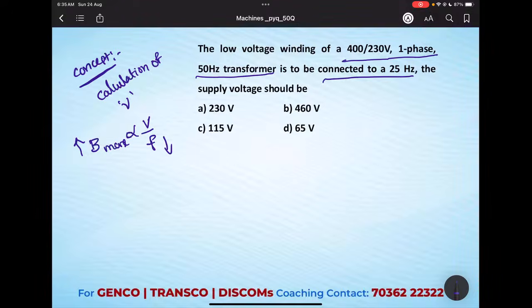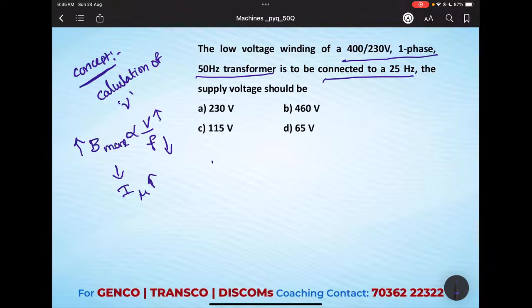So to provide that, what is going to happen? It will draw more current. Magnetizing current will be very high, and sometimes it may damage the transformer. In order to avoid this, if frequency is less, we need to balance the voltage.